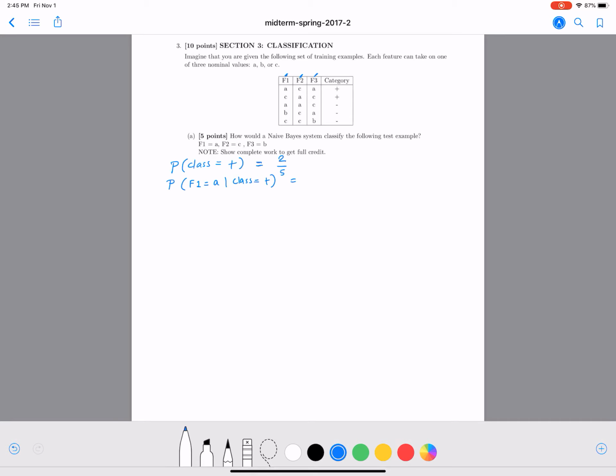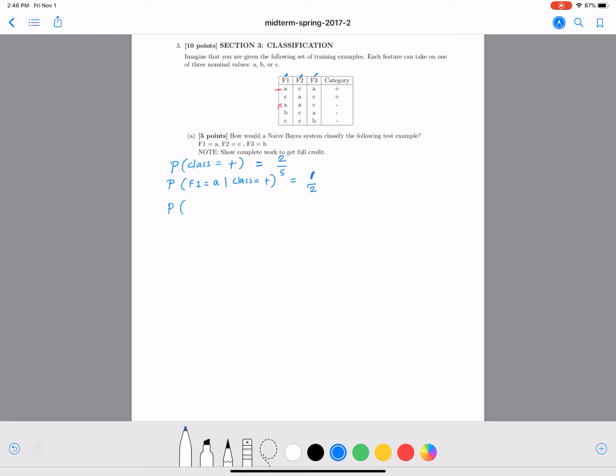So we have 1, feature 1 is equal to A, class is plus. There's another feature 1 equal to A, but class is minus, so we don't count this. And out of 2 pluses, we have one of them where feature 1 is A, so the value here is 1 by 2.